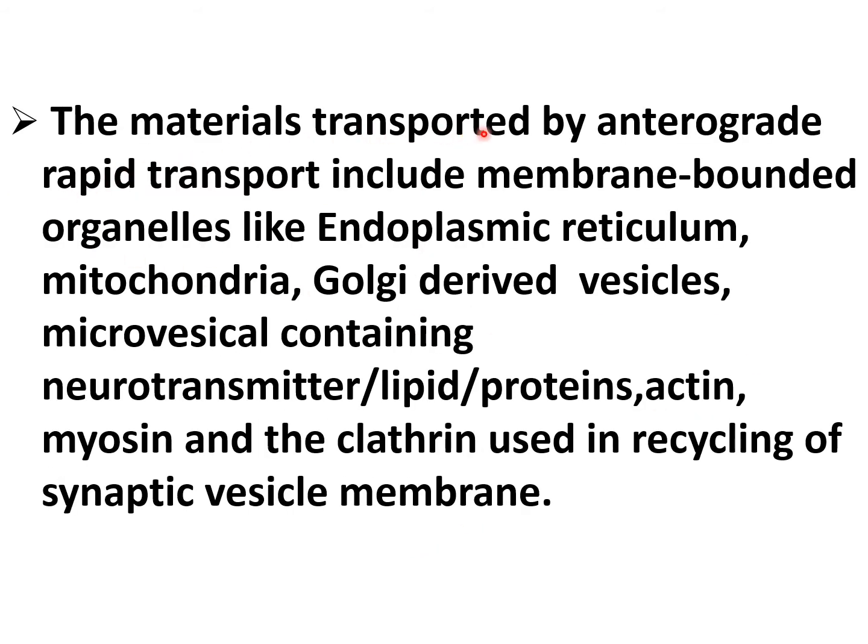The materials transported by anterograde rapid transport include membrane-bounded organelles like endoplasmic reticulum, mitochondria, Golgi-derived vesicles, microvesicles containing neurotransmitter, lipid, protein, actin, myosin, and clathrin used in recycling of the synaptic vesicle membrane.